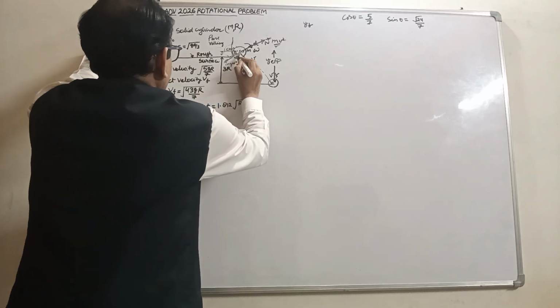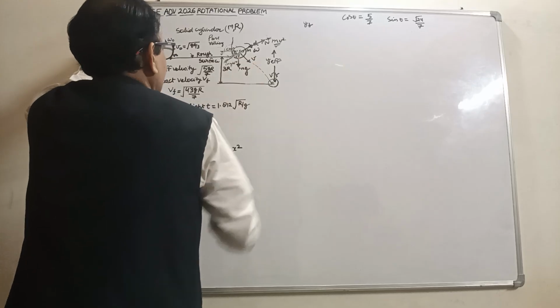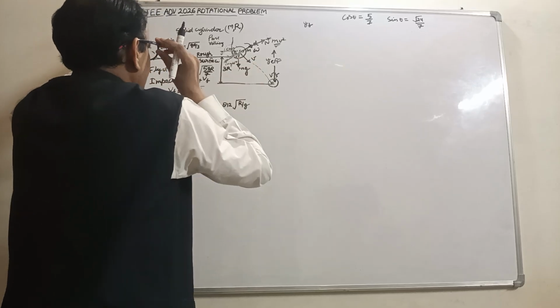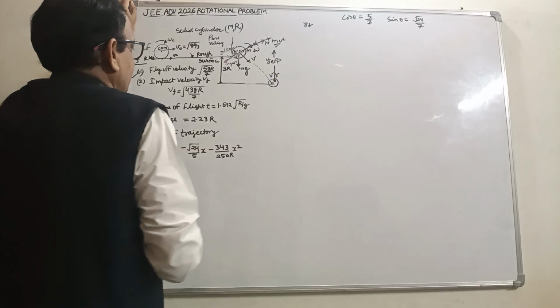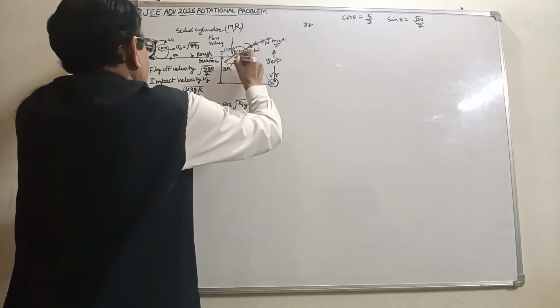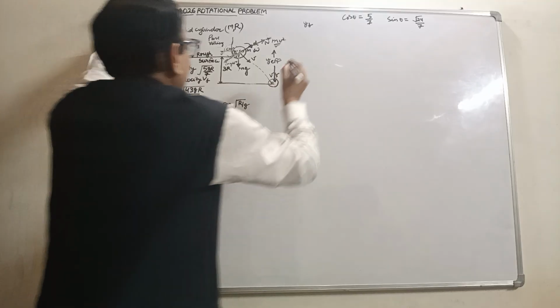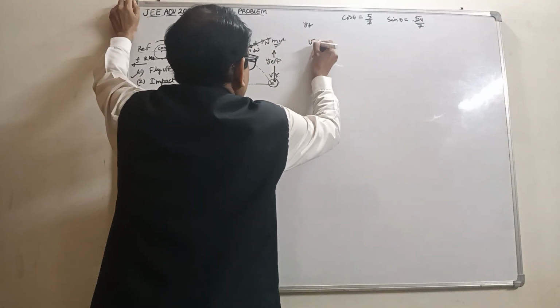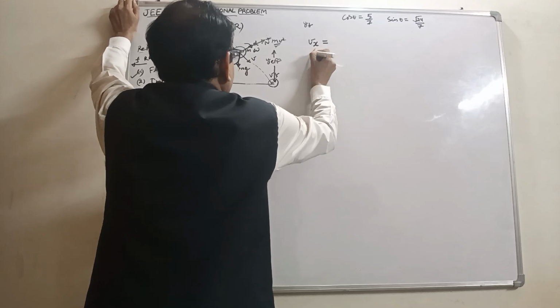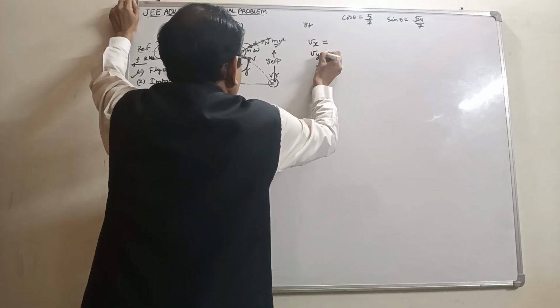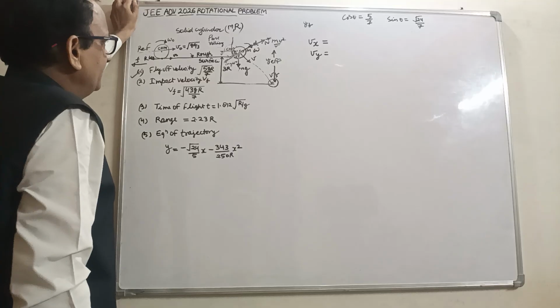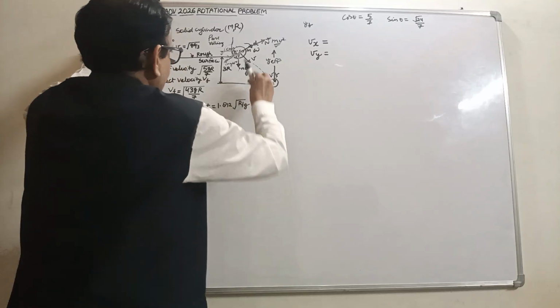So this is r, and this would be r cos theta, perpendicular. Here we have Vx, the horizontal velocity, and the vertical velocity.